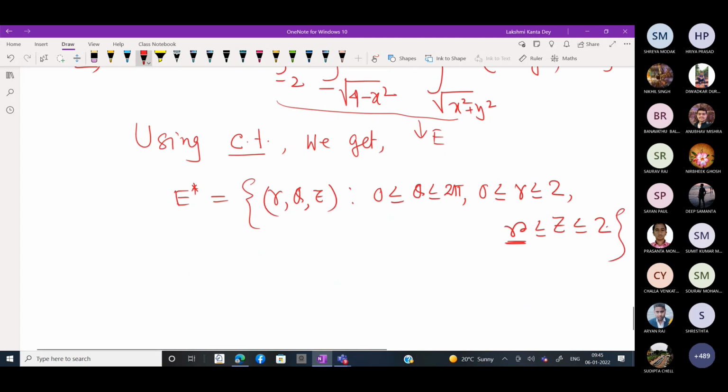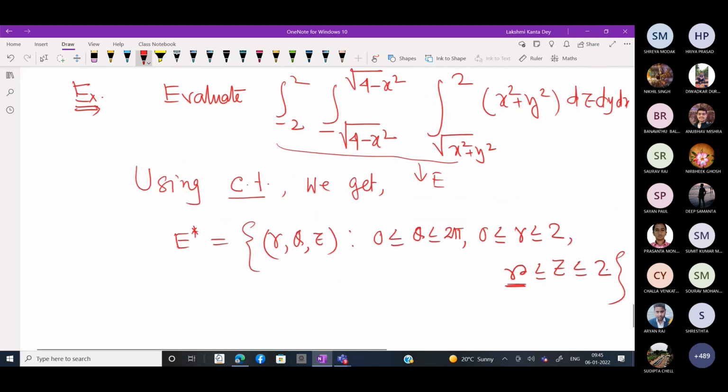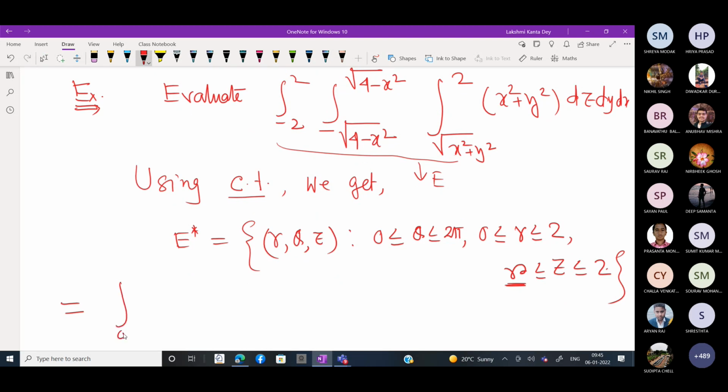Okay, so what is it ultimately coming to? I try to write it. This thing is coming as the integral from 0 to 2 pi, in terms of cylindrical coordinates, 0 to 2, and r to 2.